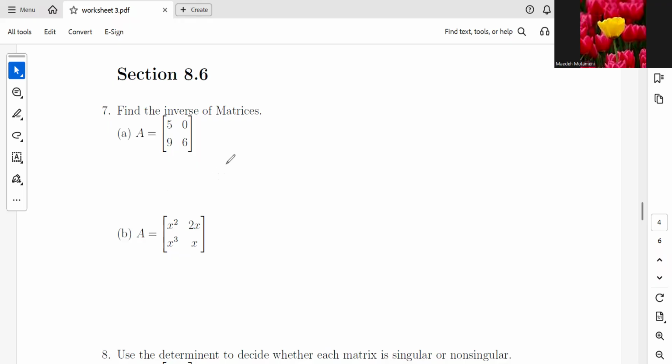In order to find the inverse of this matrix, as we have seen before, we're going to do 1 over the determinant of this matrix, which is 5 times 6 minus 9 times 0, multiplied by a same size matrix where you change the position of A sub 1, 1, which is this one, and A sub 2, 2.